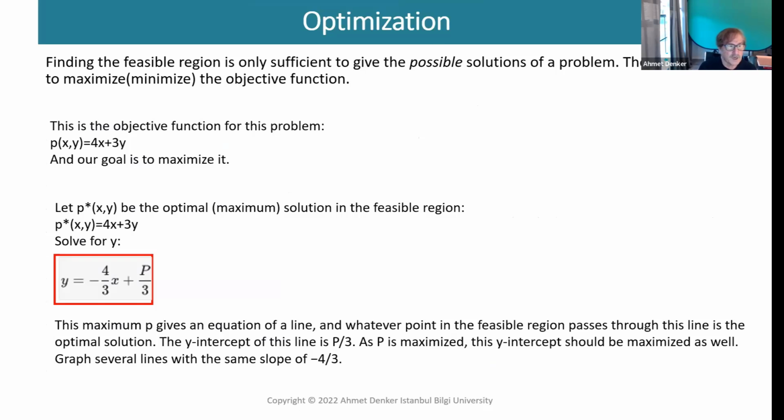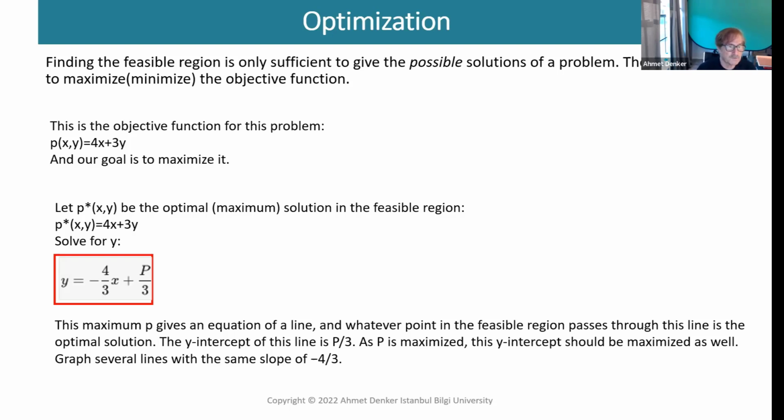So, while finding this feasible region, now we have a picture of the possible solutions of a problem. The goal is to maximize the objective function. Of course, we are now talking about maximizing, but we have seen that it is equivalent to minimizing the negative of this.